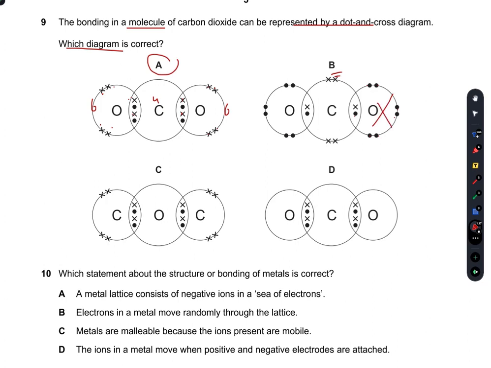Oxygen never has 7 electrons in the outermost shell, so B is also incorrect. In C, we can see that oxygen is in the middle, so this is also incorrect. In D, the oxygen is on the ends, but he has shown only 2 electrons in the outermost shell of oxygen, so D is also incorrect. So A is the right option.